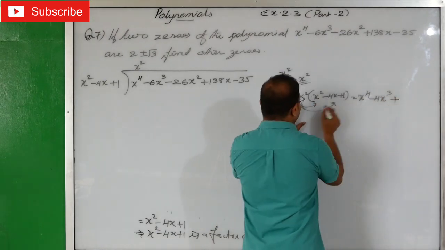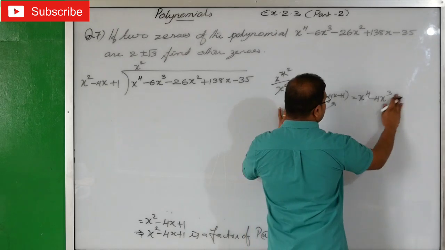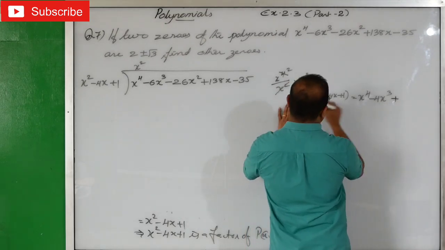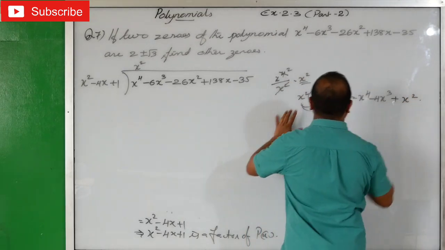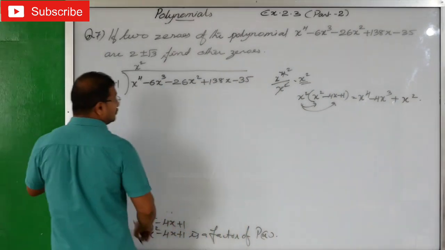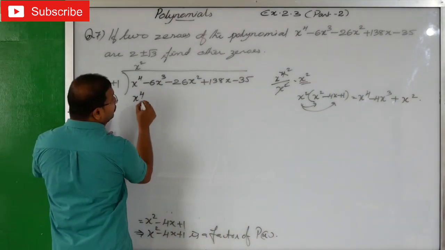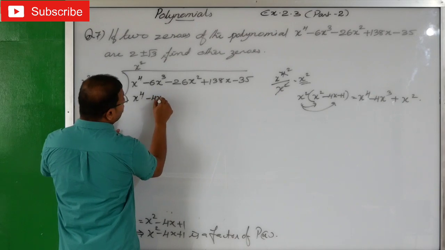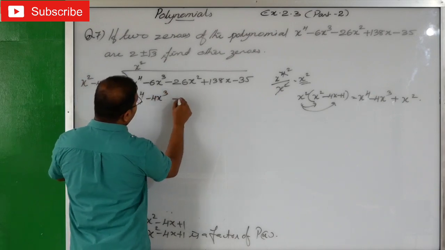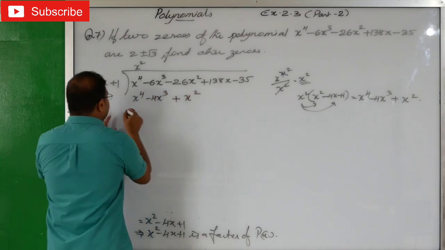Plus. Now this is plus. So we'll get here plus x square into 1, x square. So we'll write that. What is that? x raised to 4 minus 4x cube plus x square.